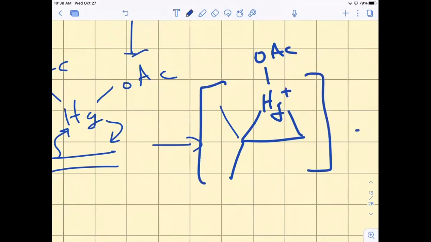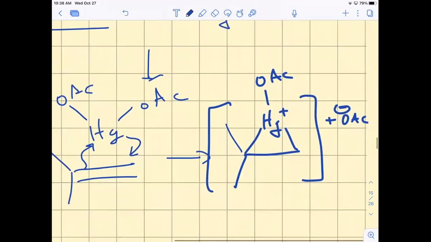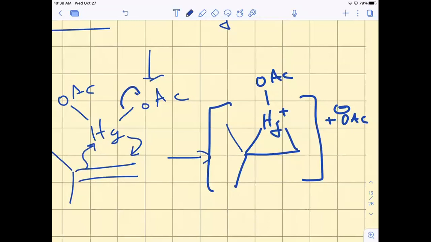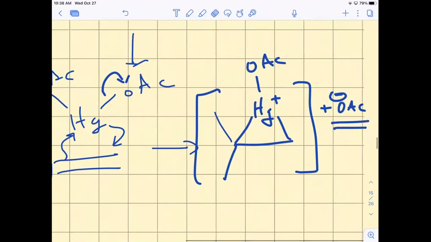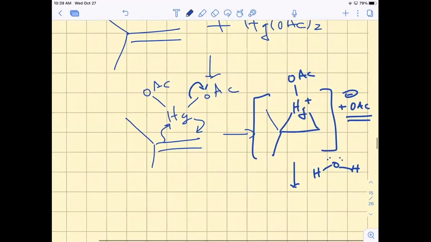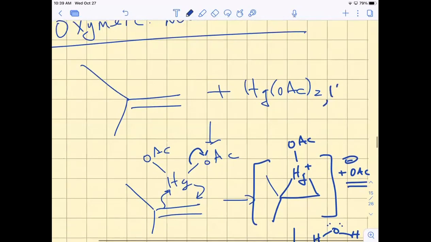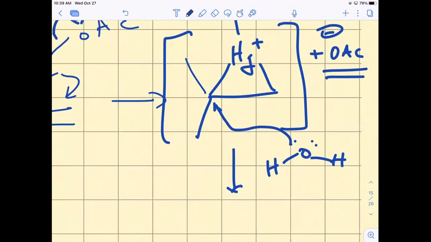Mercury is positive, and then I have another, the OAc that got kicked off, is over here. So from that intermediate, water is going to attack it. That's the role of water. So when you see the mercury plus water, the water actually attacks that intermediate and pops it open, but it's going to attack here.